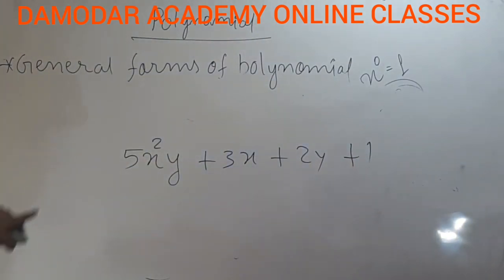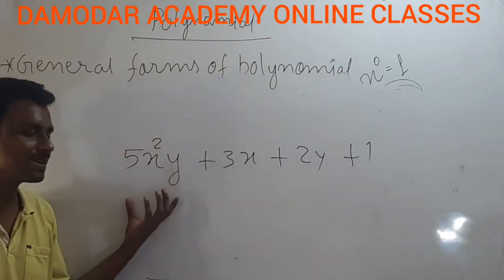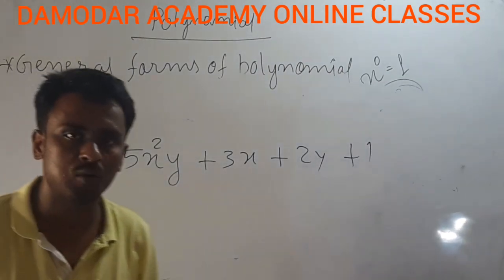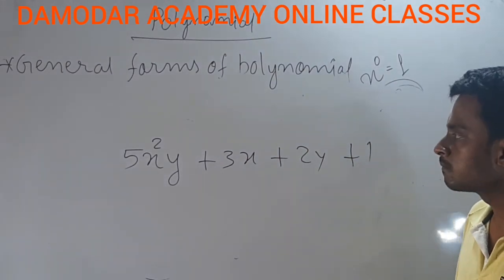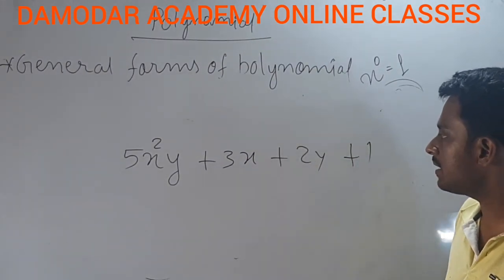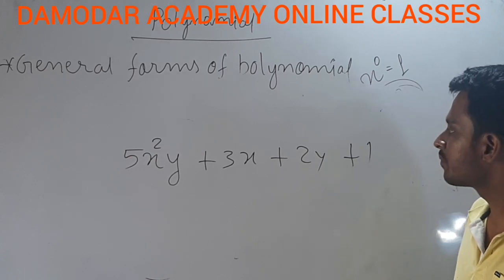Okay? First we will check the power of each term. My dear students, while checking the power of each term of a polynomial, so that we can find the degree of that polynomial easily, what do we have to do?